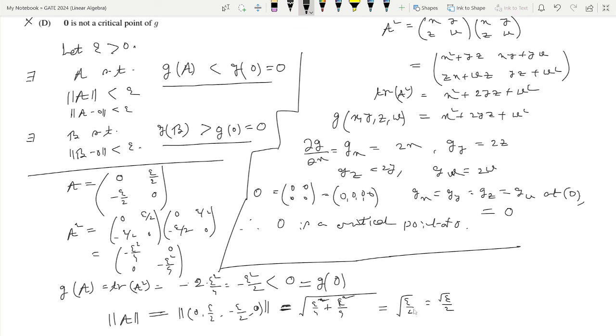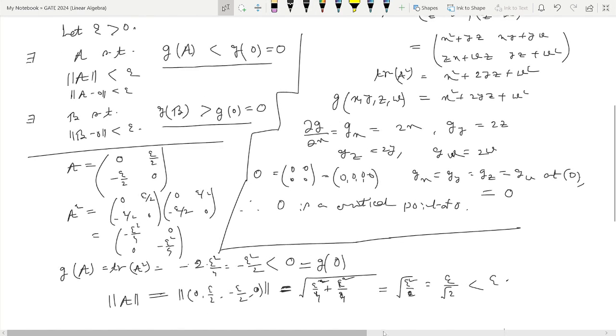So this will be epsilon square by 2, so this will be epsilon by root 2.